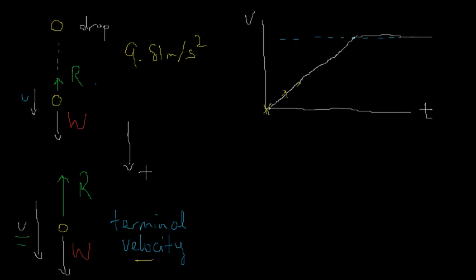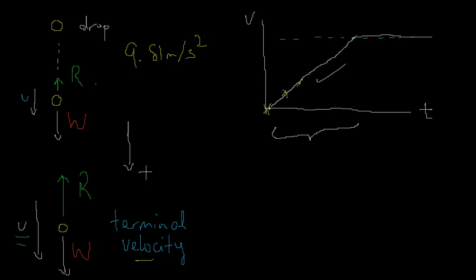Probably not, because if I have a straight line down here, that means the acceleration is going to stay the same over this stretch of time, because acceleration is the gradient of the velocity time graph, if you remember. But does the acceleration stay the same?